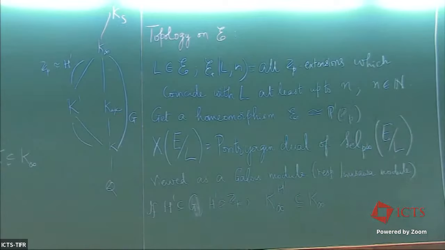Now this is somehow too large for even the questions that we are asking. If you look at the original paper of Greenberg, he had a lot of conjectures about the behavior of mu, how bounded it is, or lambda, whether it can be absolutely bounded by an absolute constant, things of that kind. That's already too large for us to say something like this over all the ZP extensions.